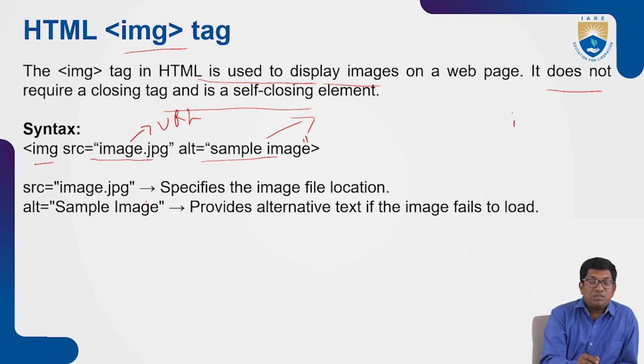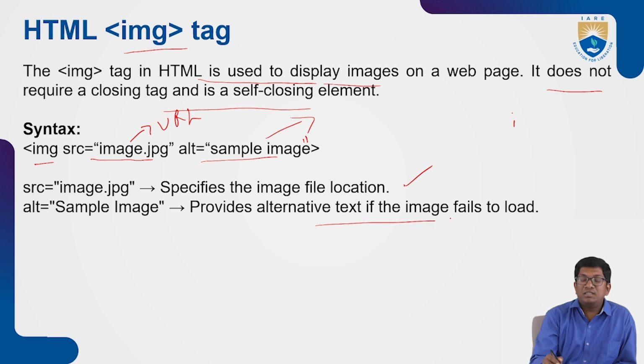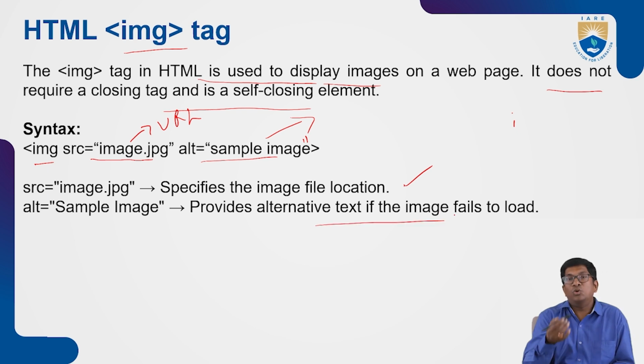SRC, source, specifies the image file location. Alt, sample image, provides alternative text if the image fails to load. So that simple tag you can use for displaying the images in a web page.